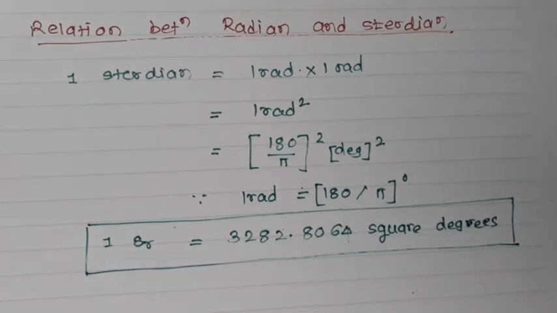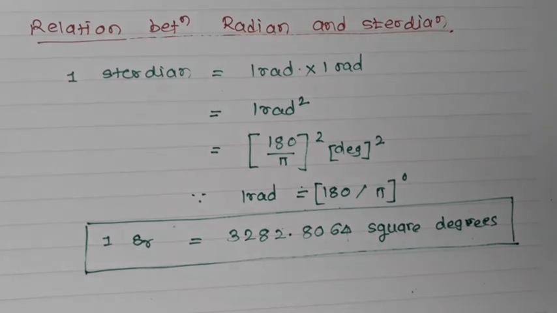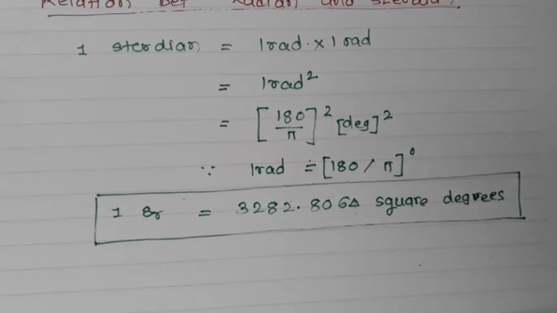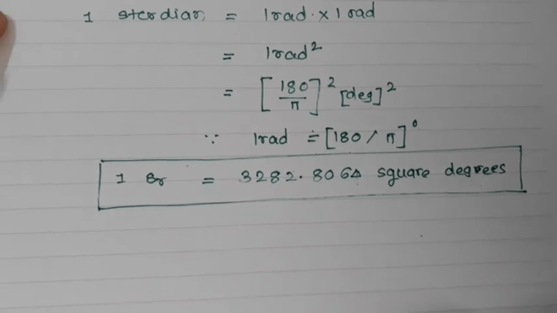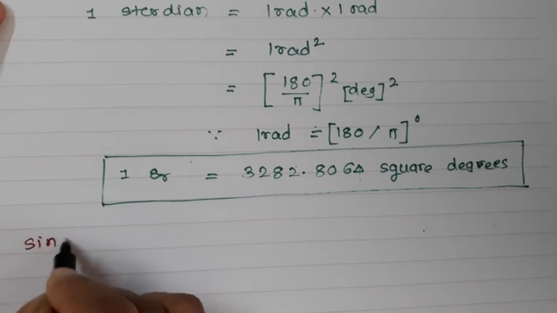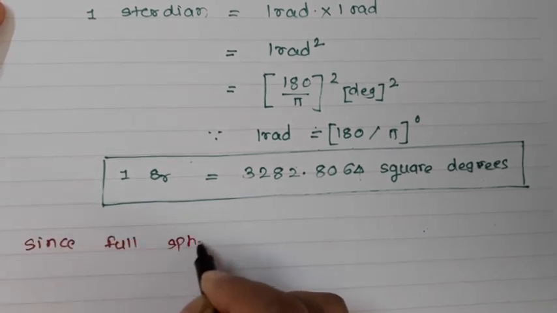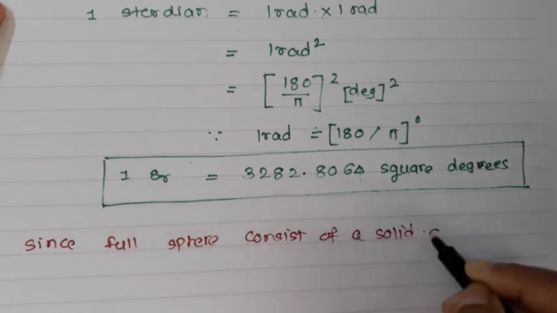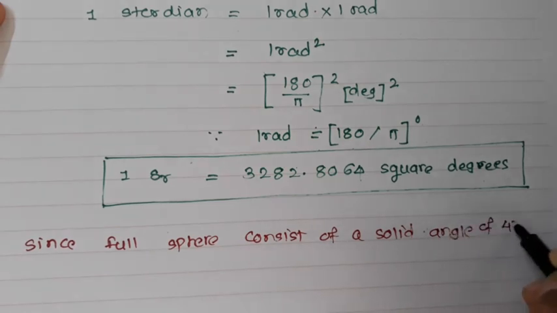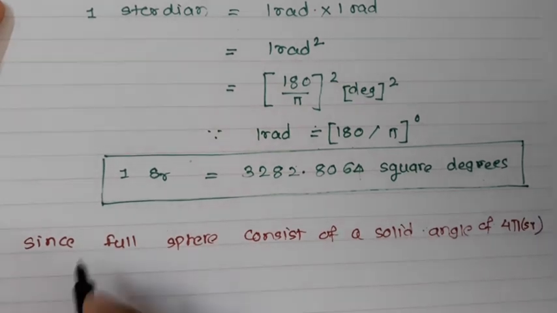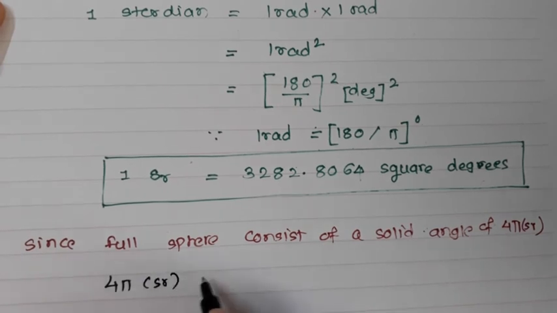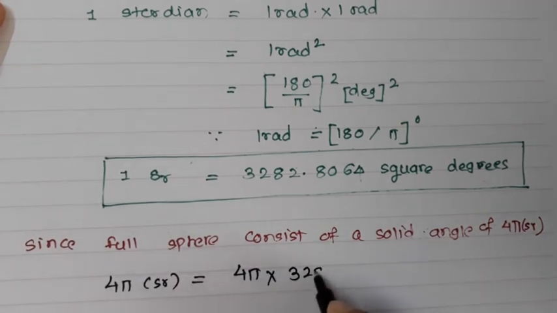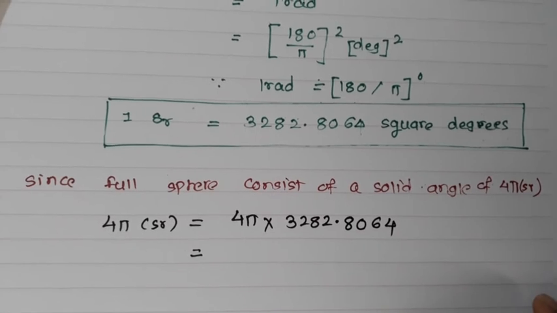Now since the full sphere consists of a solid angle of 4 pi steradian, as we have already seen, 4 pi steradian is equal to 4 pi into 3282.8064, which we have already calculated for the steradian.